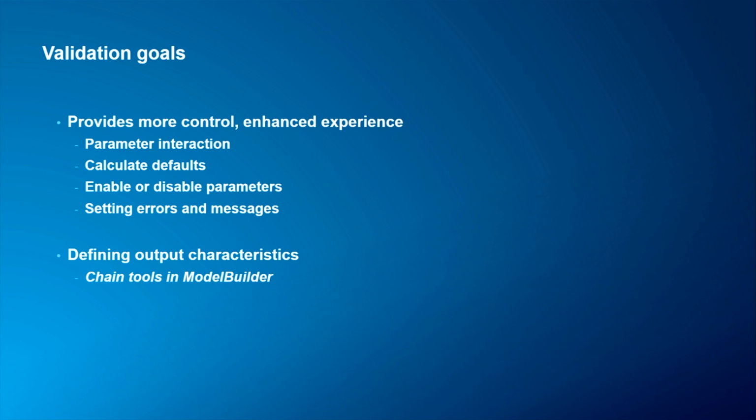You click somewhere, something else happens. Those little responses, like calculating a default based off of another parameter, turning things on or off, indicating when certain criteria are problems or not. It can also be used to define the output, so when you're connecting tools in ModelBuilder, your tool can properly connect with other things. The next tool actually knows what your tool is going to produce even before it does.